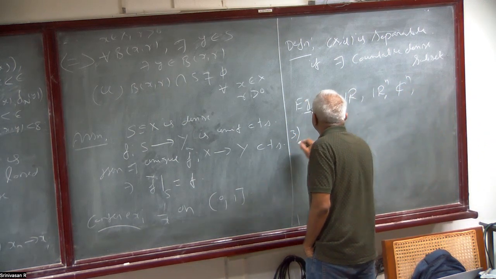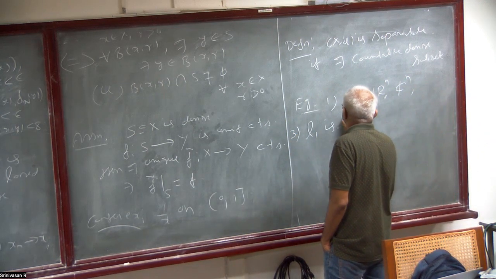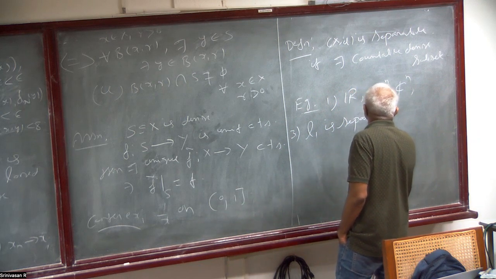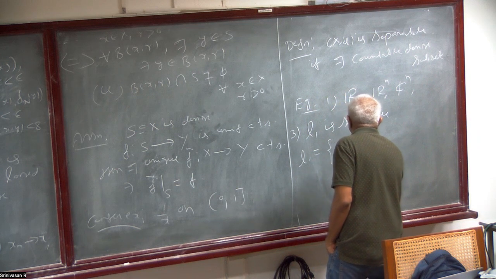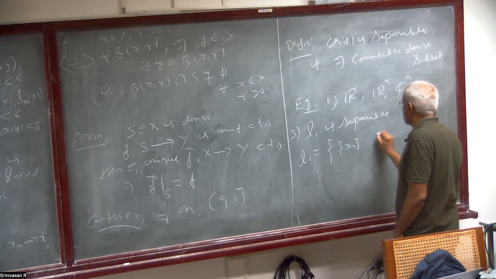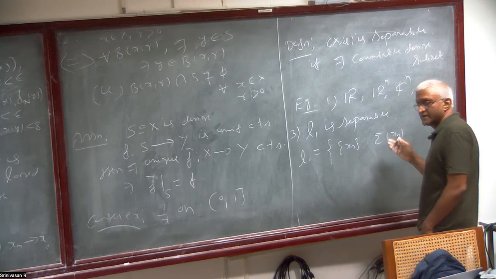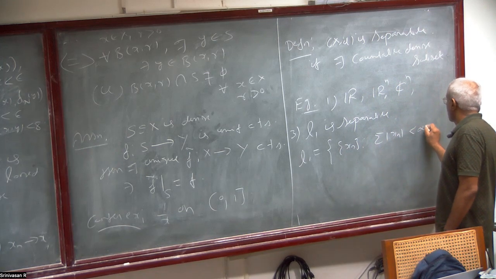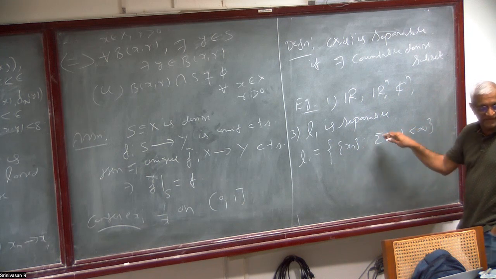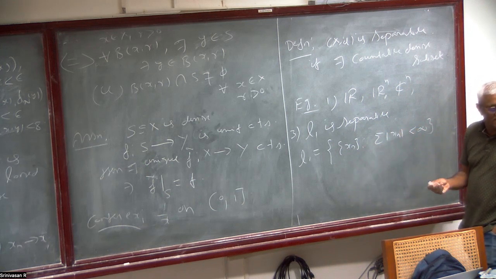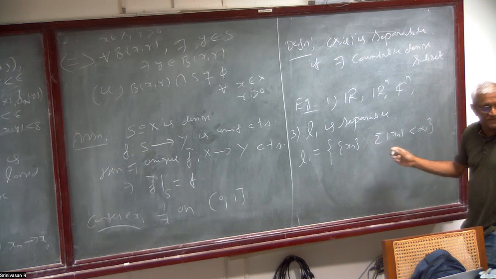Another example is that l1 is separable. l1 is all those sequences xn such that the summation of mod xn is finite. You can take either complex or real numbers, and the norm of the sequence is this sum. We've defined this metric space: this normed linear space gives us a metric space.